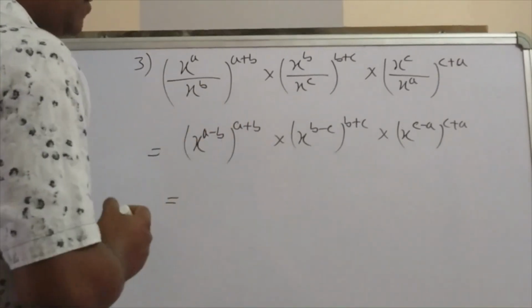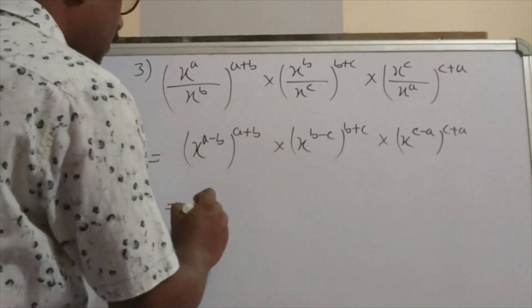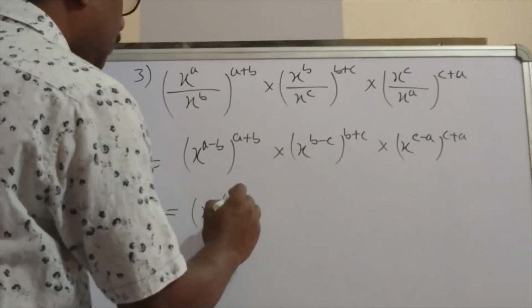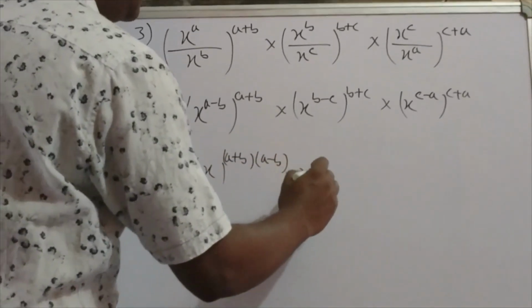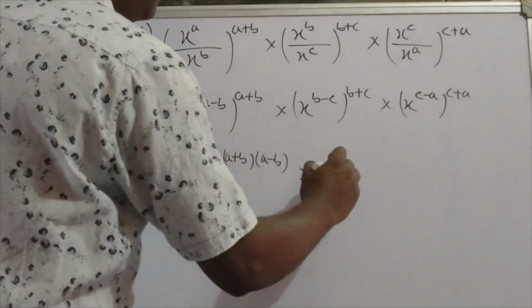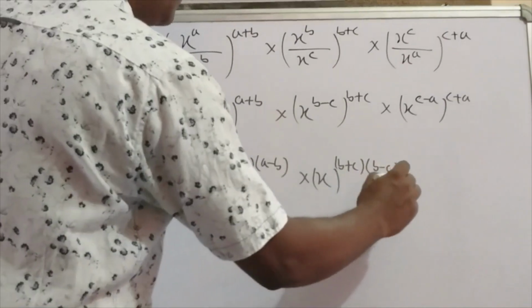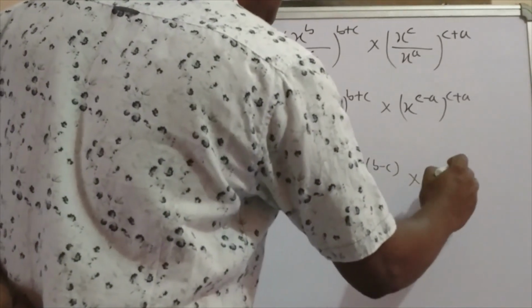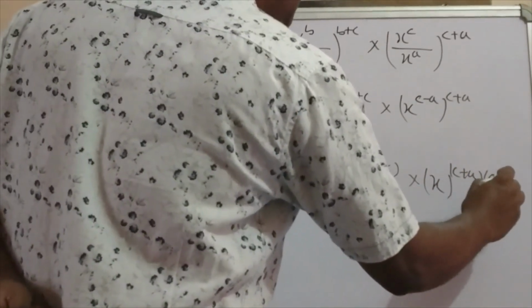So it becomes power to the power; both two powers are given. What does the formula say? We have to multiply the powers. So multiplying, x to the power a plus b into a minus b, into x to the power b plus c into b minus c, into x to the power c plus a into c minus a.